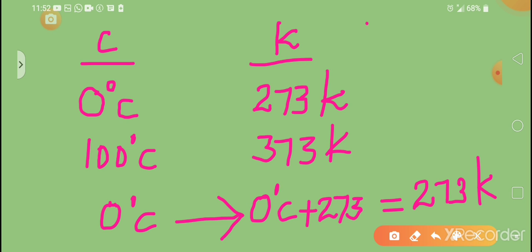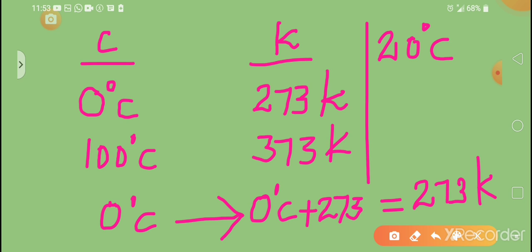Okay, so one more example I will show now. The temperature on the Celsius scale is 20 degrees Celsius. So we need to write this temperature on this Kelvin scale. What we should do?